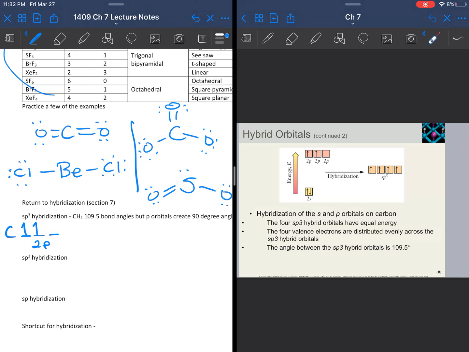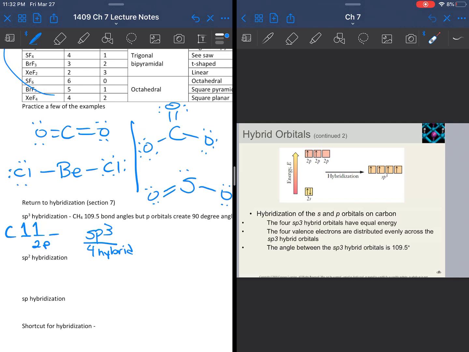They're all equal size, they're all equal energy, and they spread out to give tetrahedral geometry. So we had to have an s and 3 p's, right? So that's 4 hybrid orbitals.